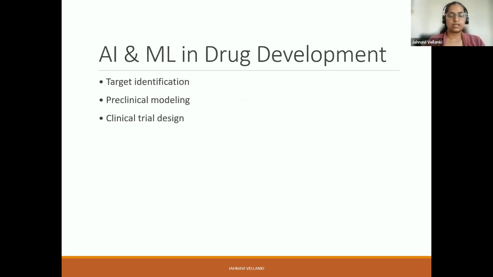Starting with AI and ML in drug development. Artificial intelligence has emerged as a vital tool to speed up drug discovery and clinical trial optimization. AI has been integrated into several phases of the drug development process, ranging from target identification to the clinical trial model.